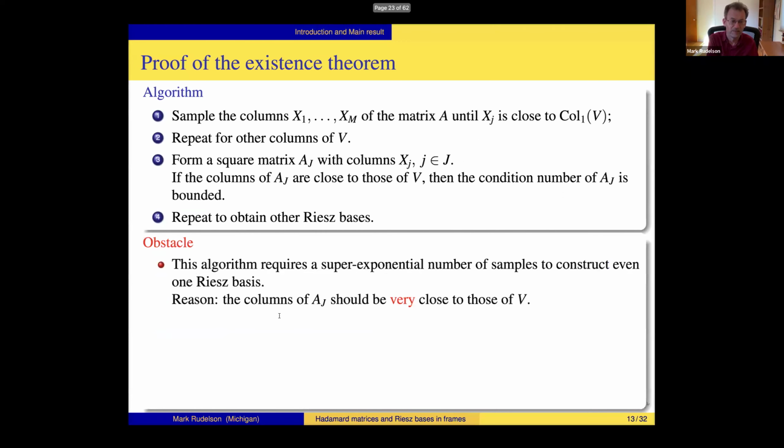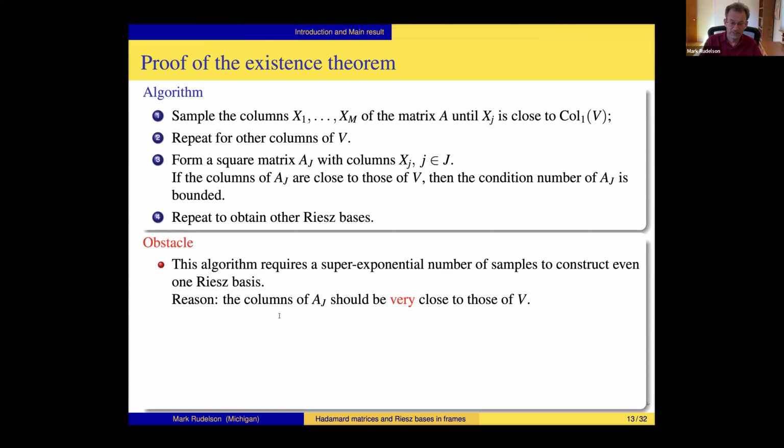Yet, it turns out that to apply the perturbation theory, we need to be very, very close to the columns of V, and this will require a super exponential number of samples.